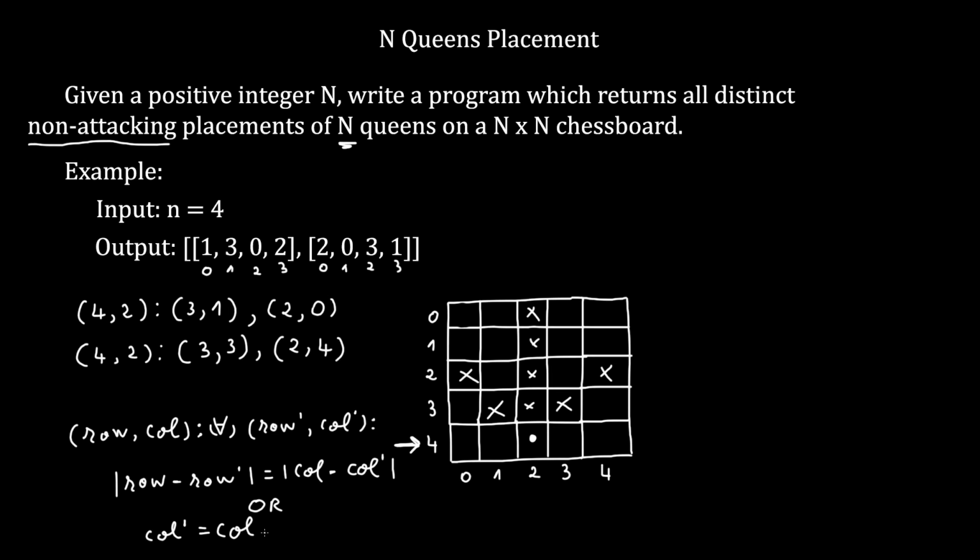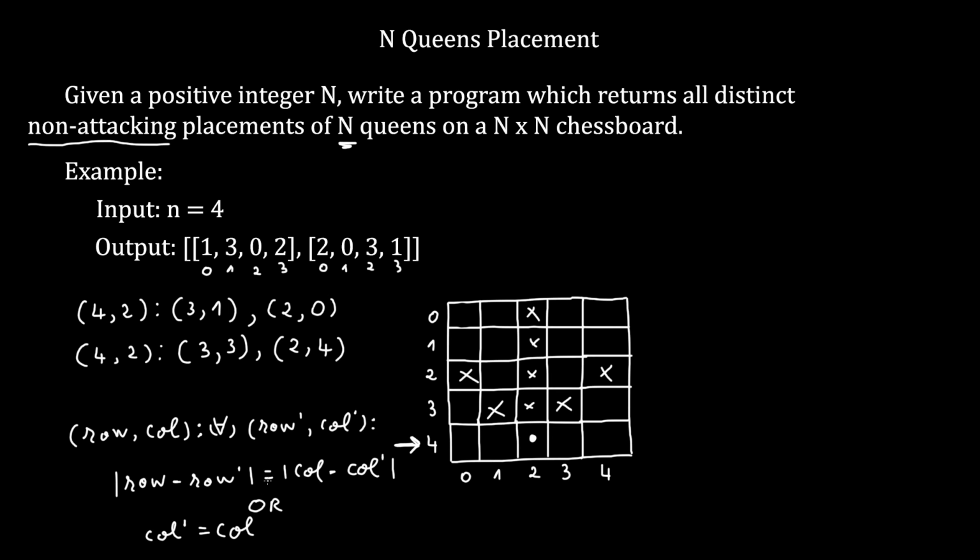So when I try to place on my current row a queen on column col, I can iterate through each and every queen that I've previously placed, so all the i-1 queens, if I'm on the row i, and just check if none of these two happen.